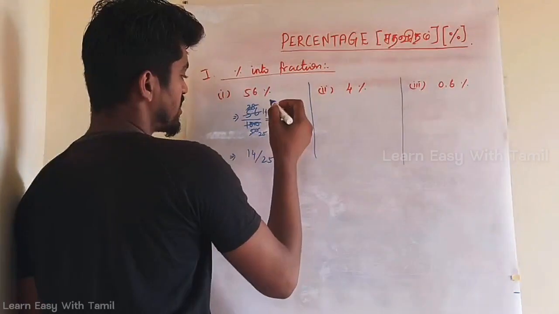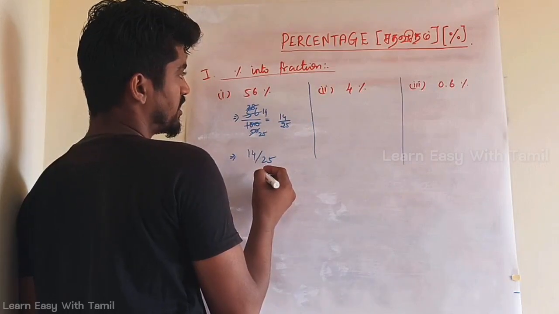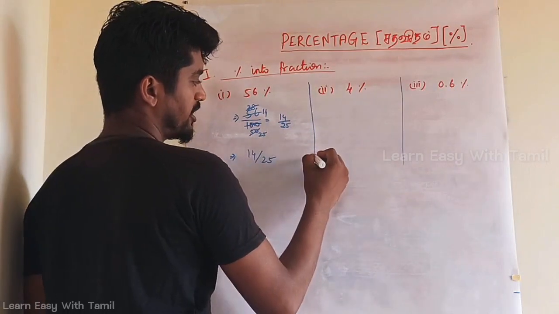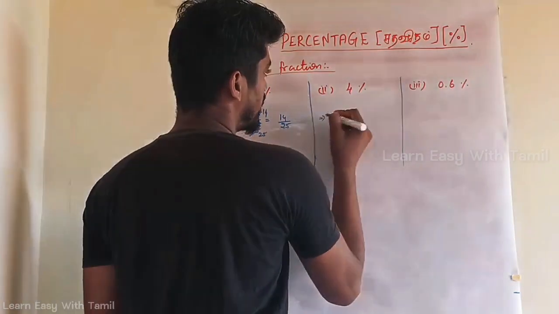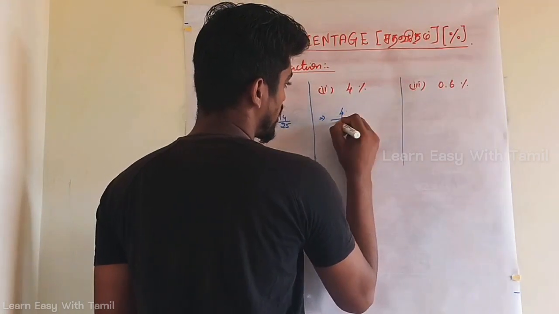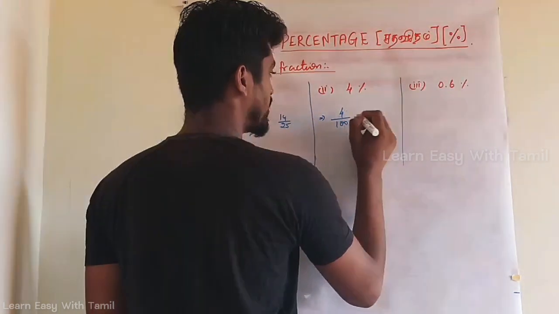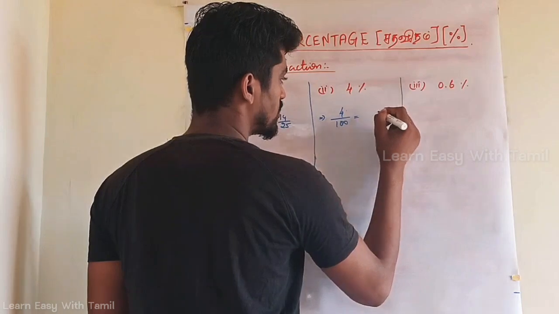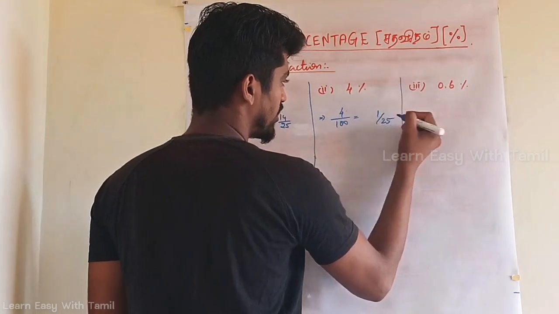So 56 percentage can be converted into the fractional value 14 by 25. Then 4 percentage, converted by dividing by 100, the value is 1 by 25.